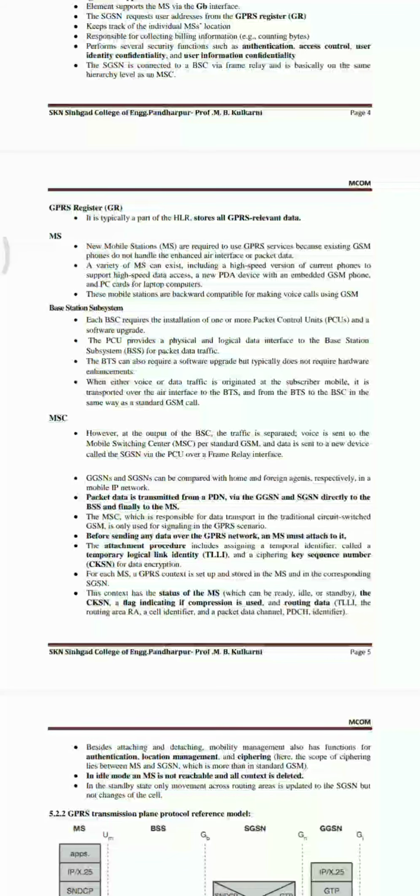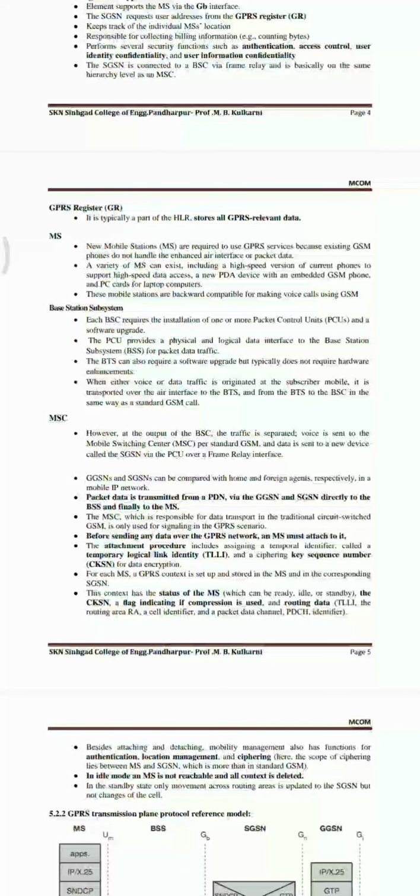The attachment procedure includes assigning a temporary identifier called the temporary logical link identity, that is TLLI, and assigning the ciphering key sequence number, that is CKSN, for data encryption.